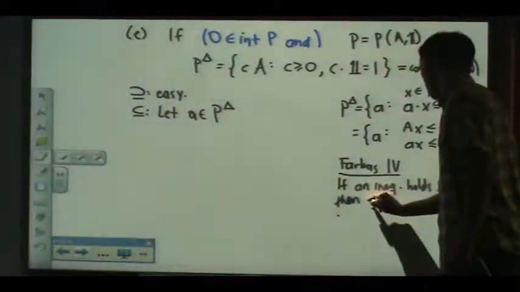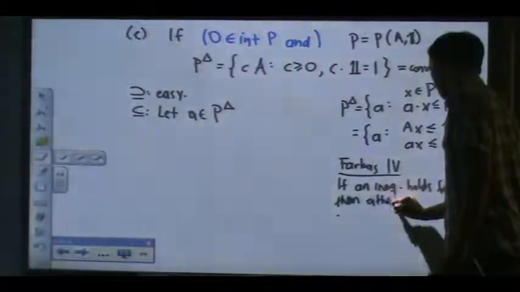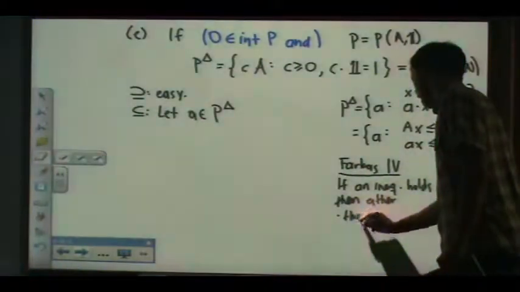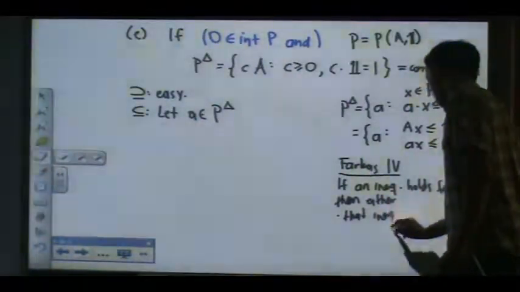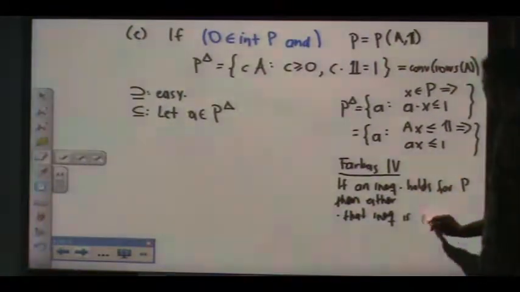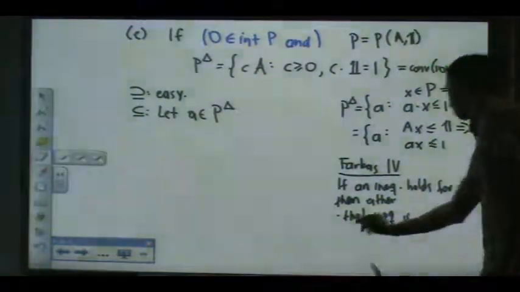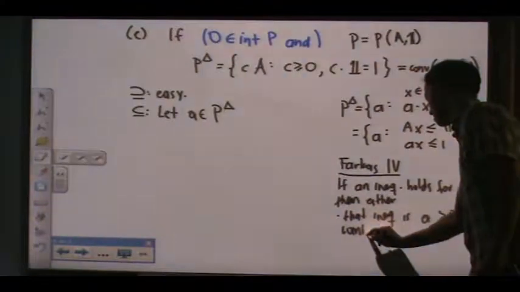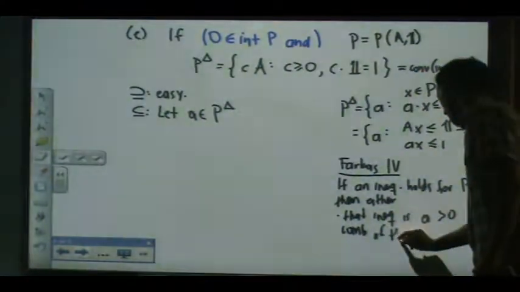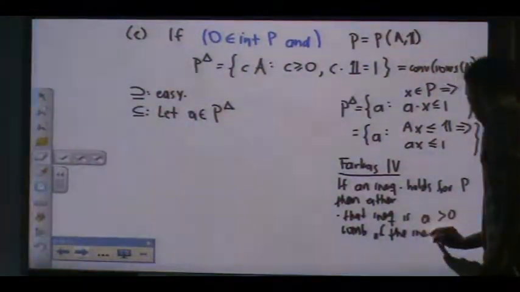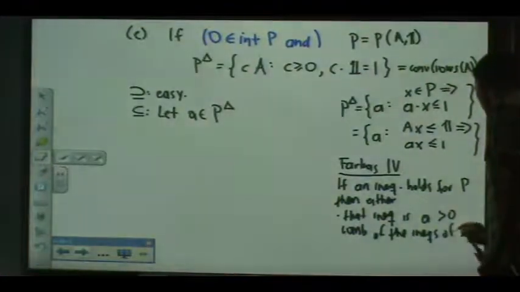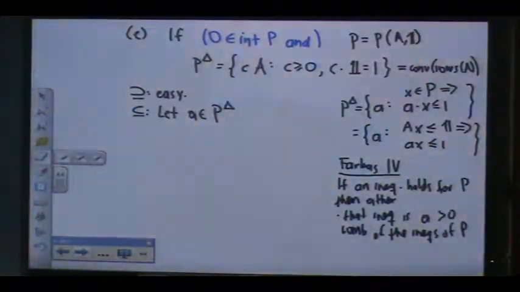Either that inequality is a positive combination of the inequalities of P, which is what you should expect, right?